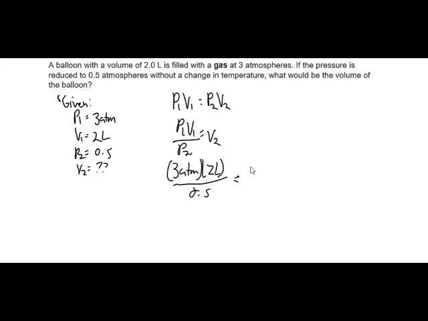So the answer would be V2 is 12. What's the unit? The unit is liters, so it will become 12 liters. All right, let's try another one.